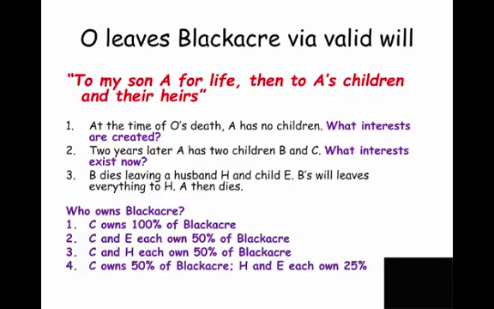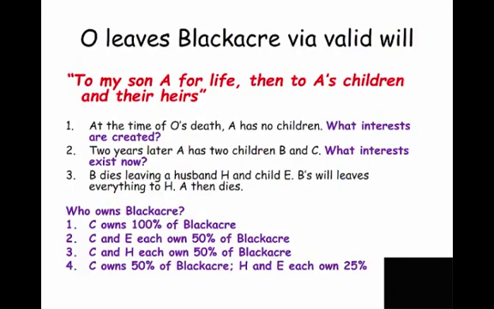So let's look at a different grant. To my son A for life, then to A's children and their heirs. If at the time of O's death, A has no children, this grant creates a contingent remainder following the life estate, and O has an implied reversion. Once children are born, their interest vests subject to open.